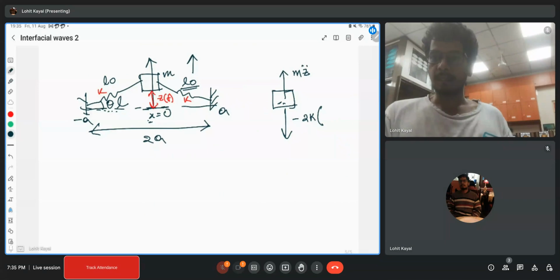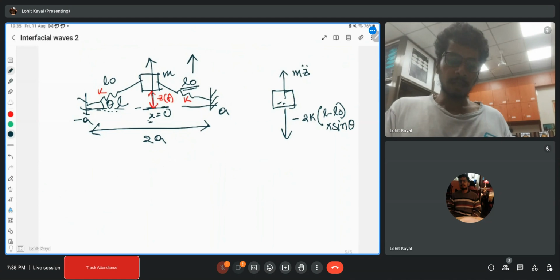Then the change in length of the spring, L minus L naught, times sine of theta. Why? Because I am moving in the vertical direction.